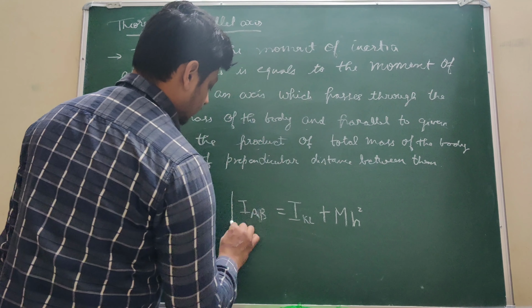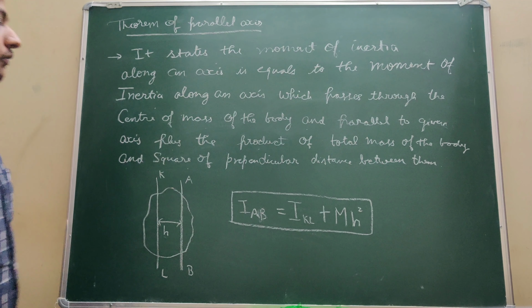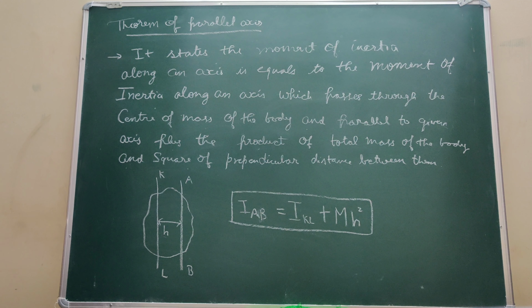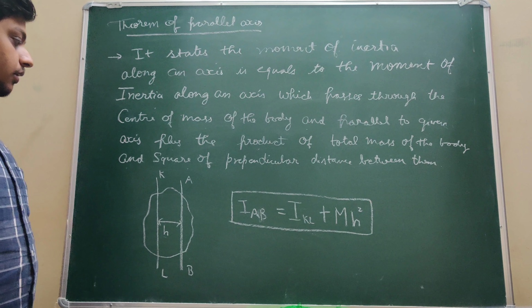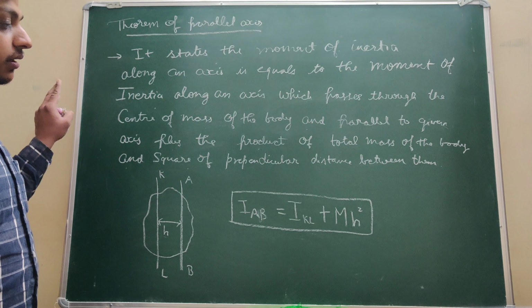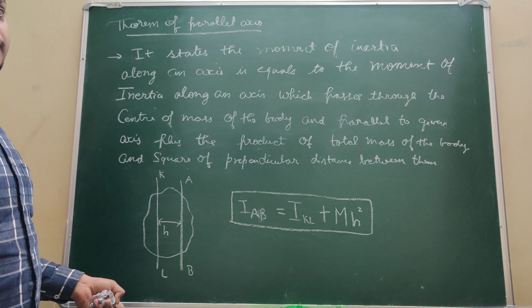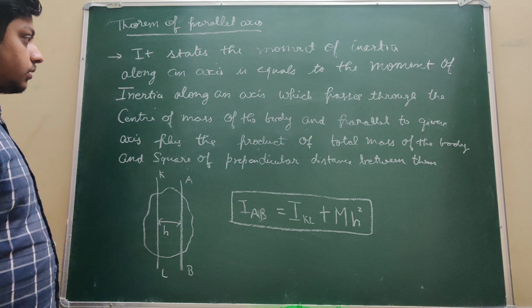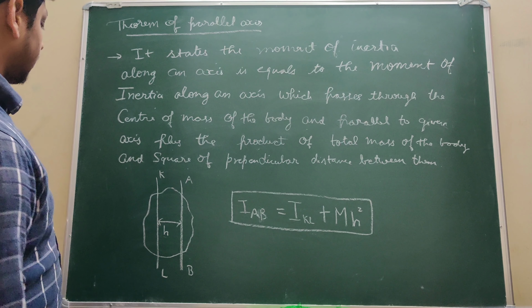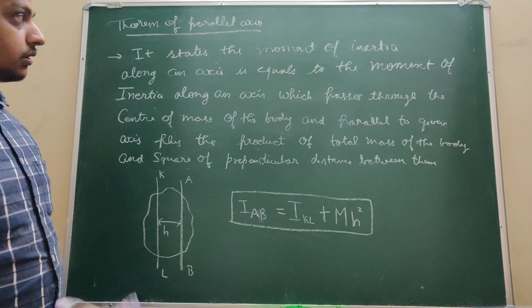So this is the theorem of parallel axis. From this theorem we can find the moment of inertia about any axis which is parallel to the axis through the center of mass of the body. Now we'll see the proof of this theorem.